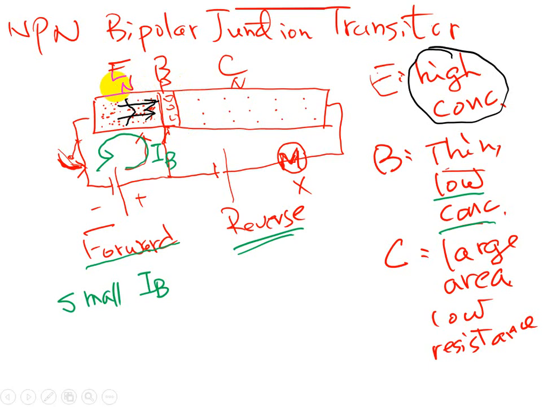The emitter area emits a lot of primary charge particles. The primary charge particle is electron, going through to the right, and it crosses the interface of the PN junction here.